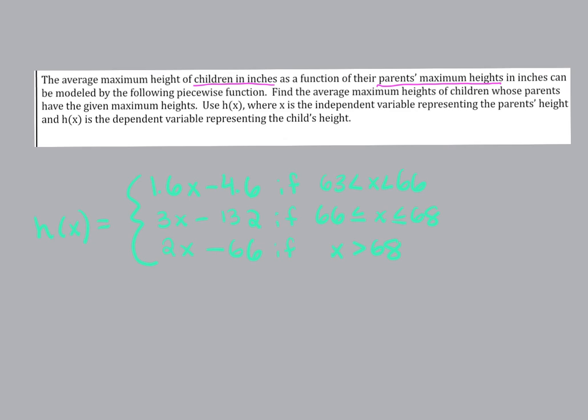Find the average maximum heights of children whose parents have given maximum heights. So use h of x, where x is the independent variable representing the parent's height. If we're looking at the interval, that's your parent's height that we'll be plugging in for x to then find the children's height.